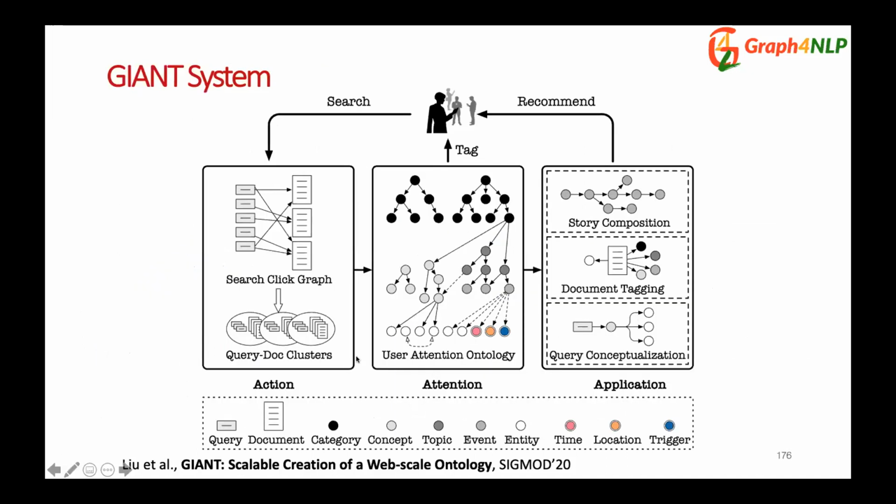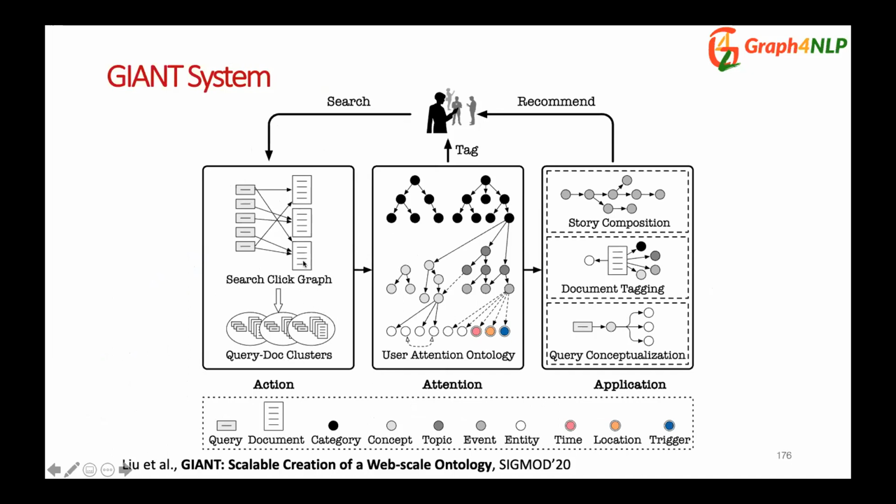So this is the framework for how we mine such an ontology from logs. Starting from user activity on the search engine, we will have the search click graph. Basically, it means the different user queries, and the top clicked documents for each query. In this way, they form a bipartite graph.